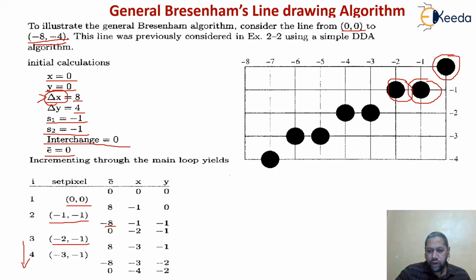Continue with the loop, and you can find the line will pass through all these pixels or points, and this is what my line looks like.